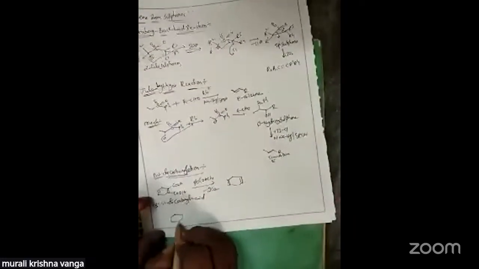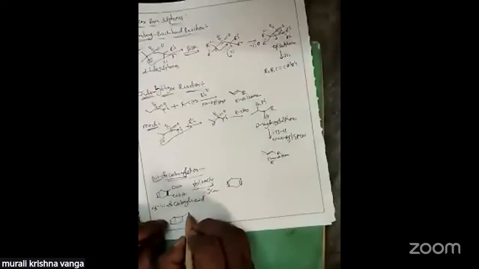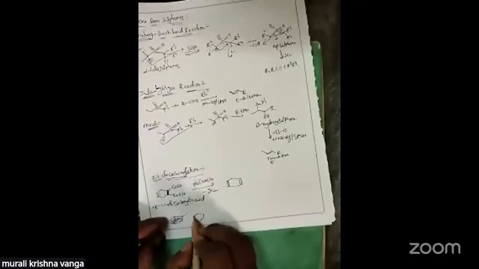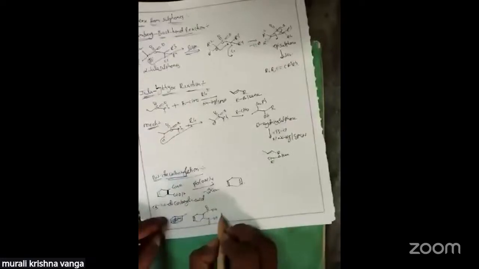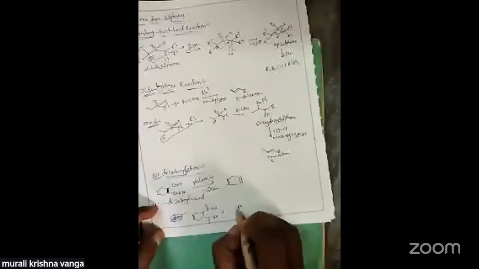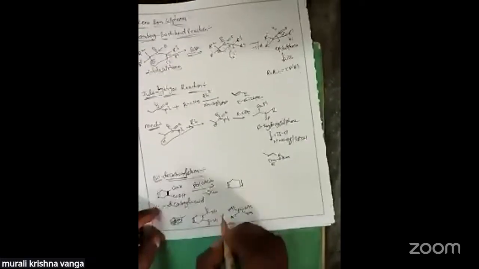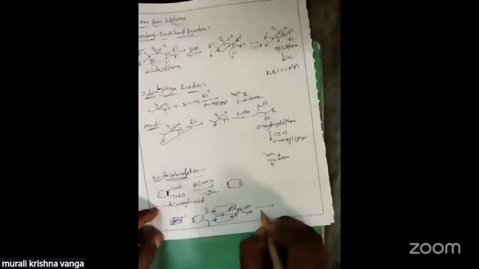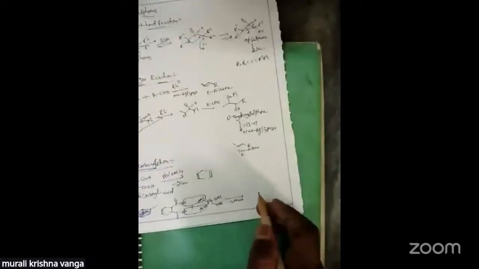Another example, the mechanism for this reaction: when reacting with lead acetate, a cyclic ester is formed.